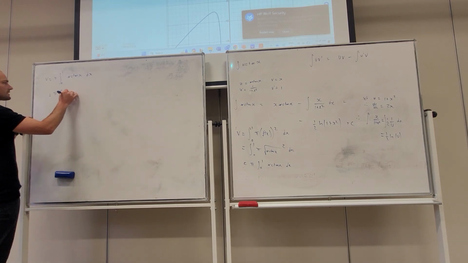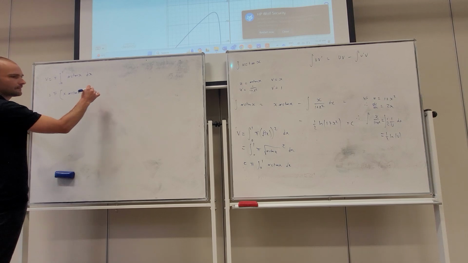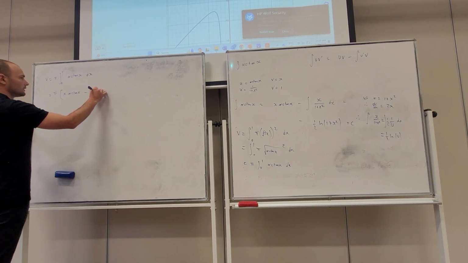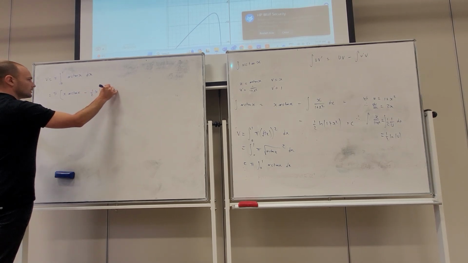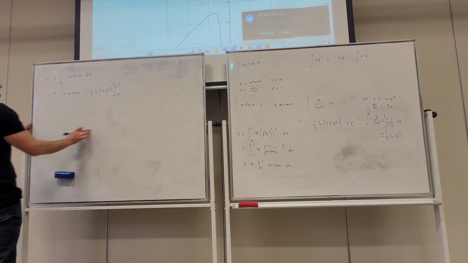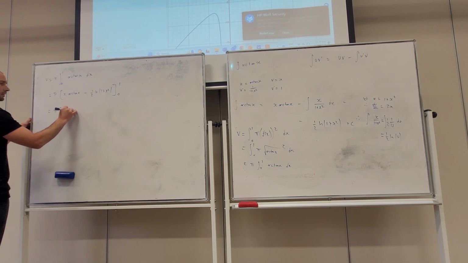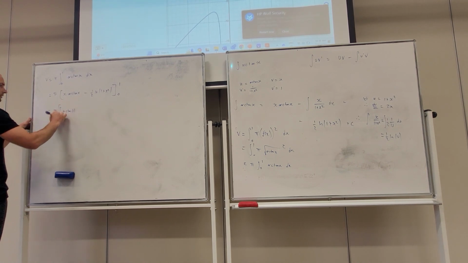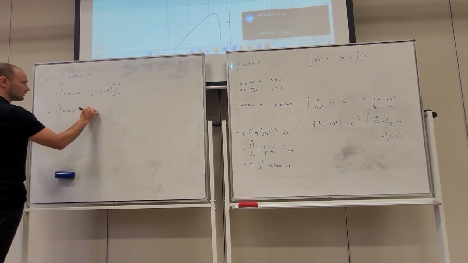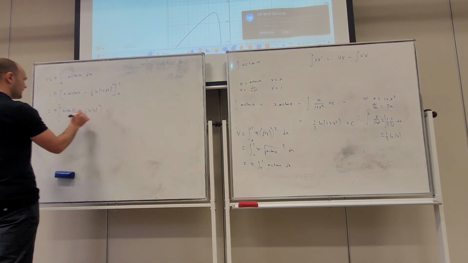x arctan x, take half ln of 1 plus x squared, from 0 to 1. Okay, so it's that.